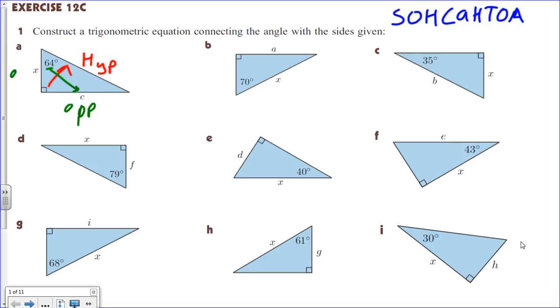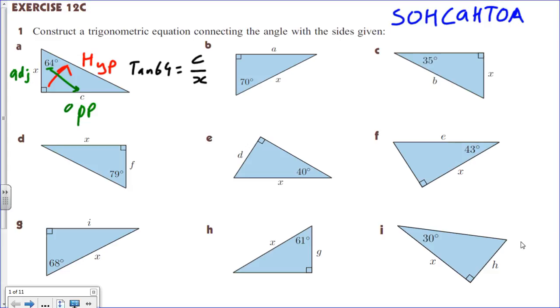And so if that's the opposite side, this becomes my adjacent side. So now I've got opposite and adjacent. If I go back to SOHCAHTOA, that's tan. So we're going to have tan 64 equals opposite, which happens to be C, over adjacent, which is going to be X.